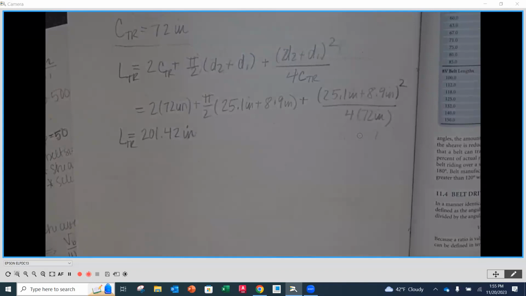Did anybody else get 201.42? Jacob did? Okay, I'm sure it is.